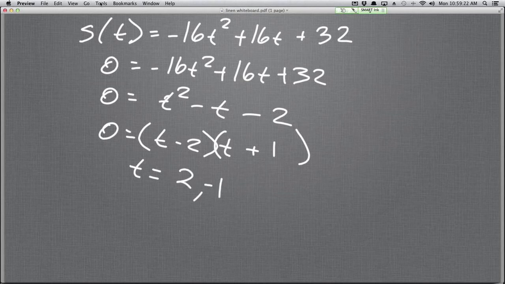Now what does t represent? Time. So which answer do I want? Positive 2, because I can't have negative time. So at 2 seconds, he's hitting the water. He jumps, and 2 seconds later, he's hitting the water.